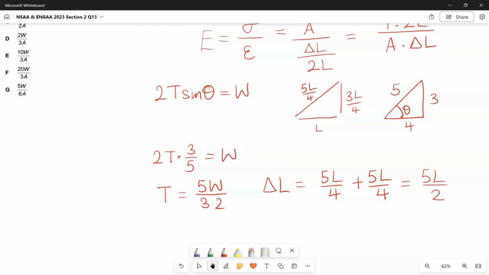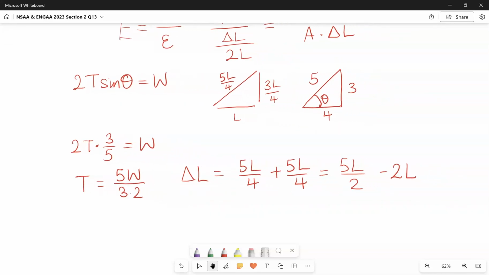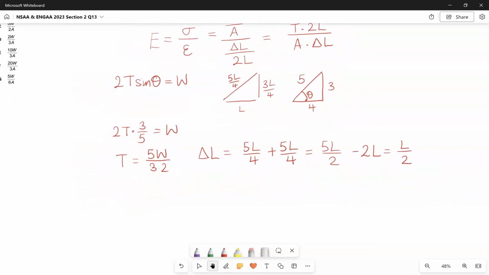So delta L is 5L over 2, take away the 2L. So this just becomes L over 2. So now putting these in, we get T times 2L, which is going to be 5W over 3 times L. And then we get A times L over 2.